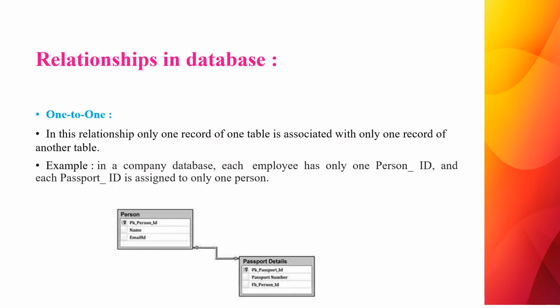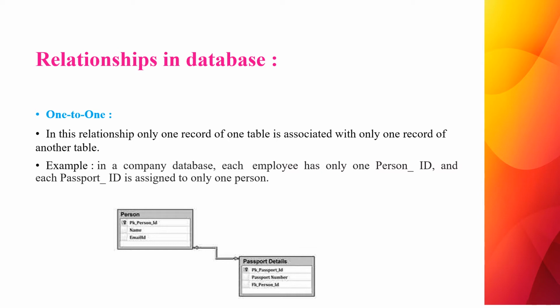One-to-one relationship: when one entity of one table is related to the same entity of another table, then it forms a one-to-one relationship. In this case, the person and passport details are the two tables in which the person's ID is called the primary key in the person table and the person's ID in passport details is called the foreign key.